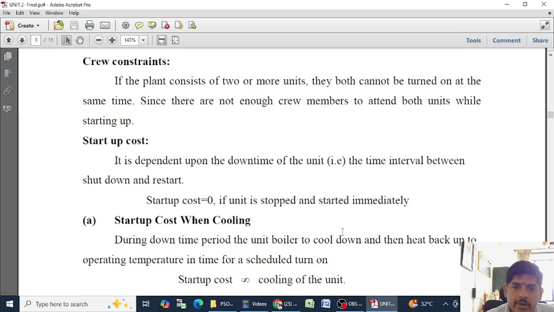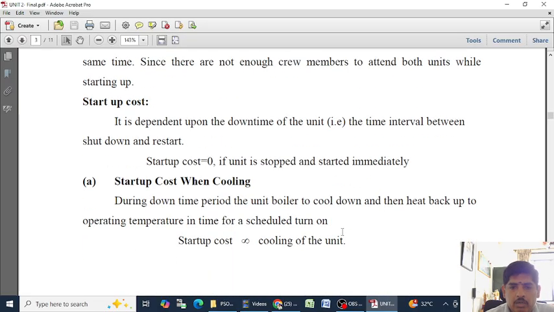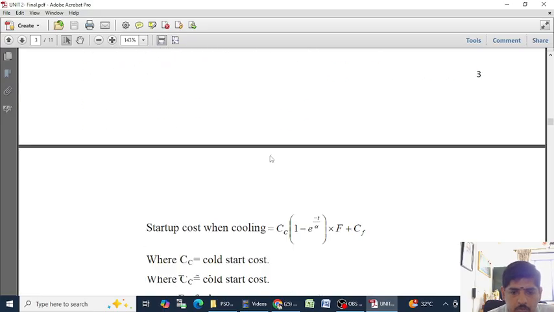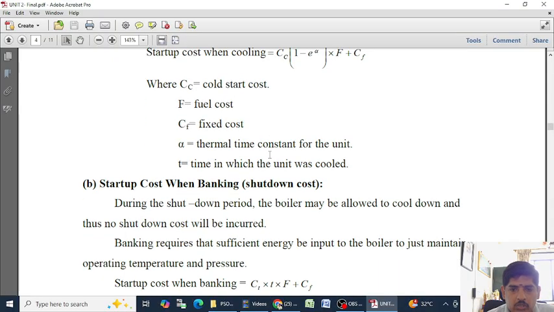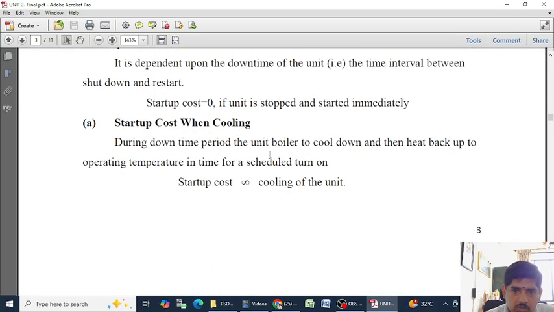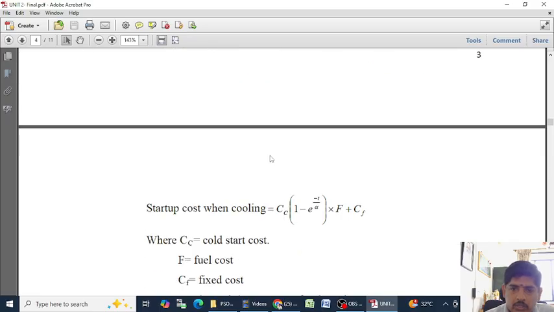Then we have to consider the startup cost. As already discussed, the prime role is the minimum cost, how it is possible to satisfy the demand. So in the constraints, the cost will also be considered: the startup cost when banking and the startup cost when cooling.